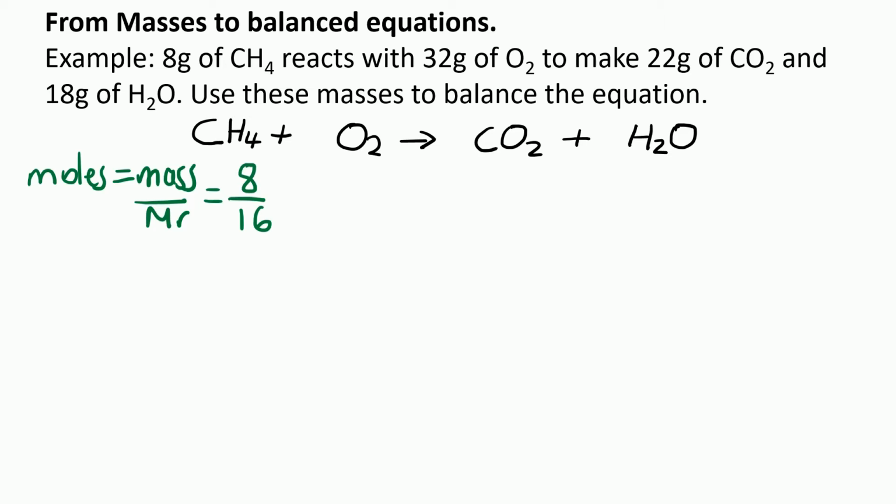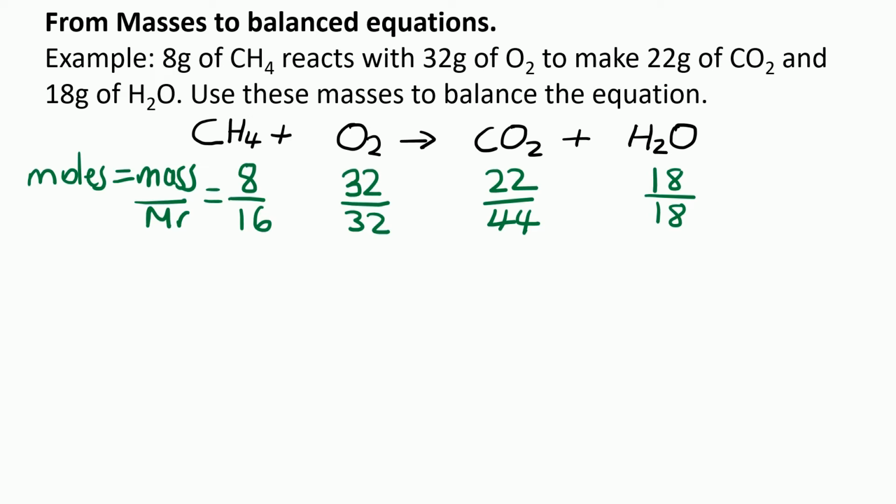Oxygen is 32 grams given in the question, divided by the Mr of O2, which is 32. Carbon dioxide, 22 grams of it, and the Mr of CO2 is 44 because carbon is 12 and each oxygen is 16. And then we've got 18 grams of H2O and the Mr is also 18.